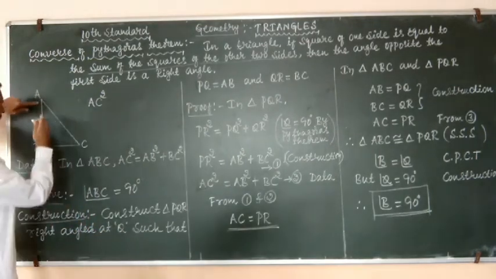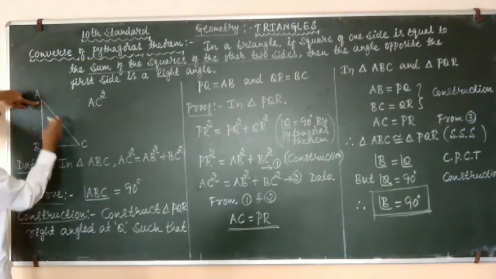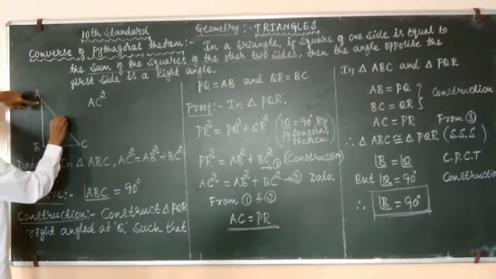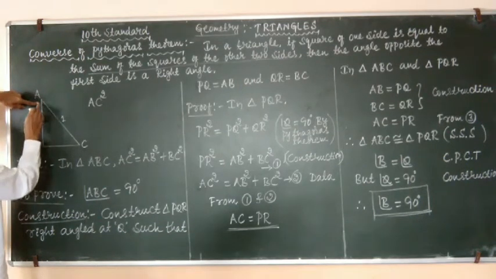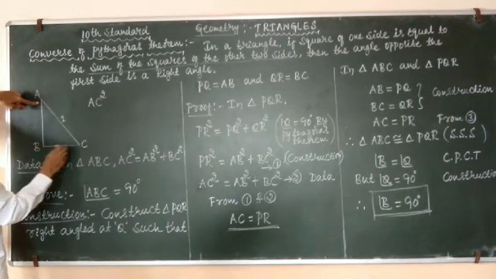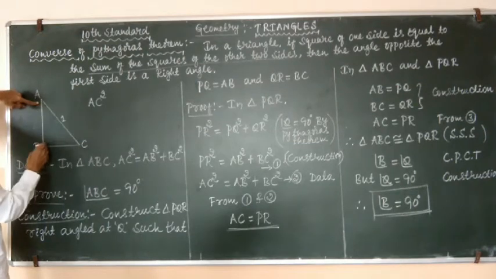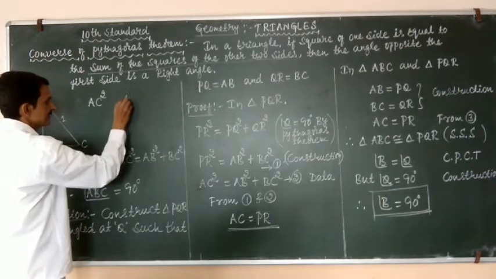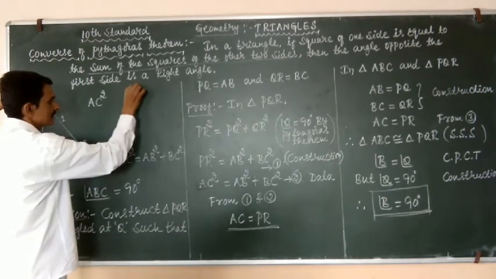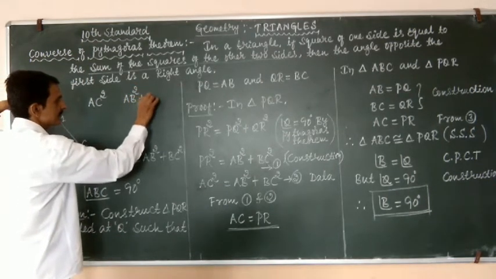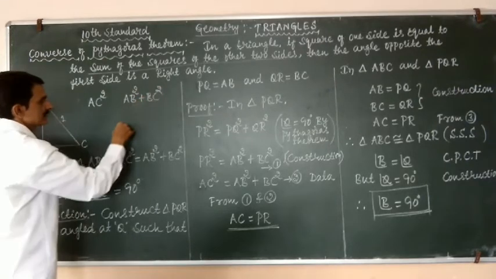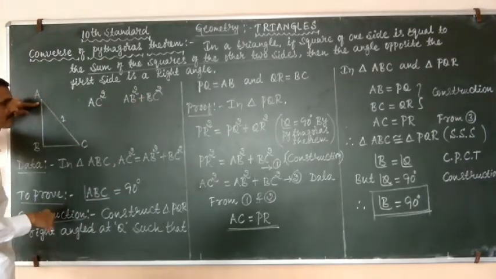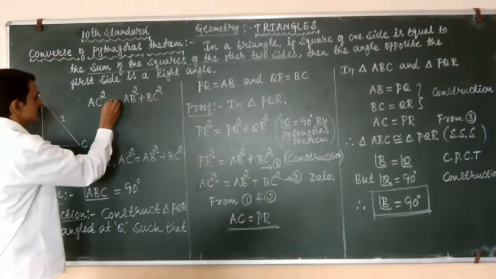Which are the two sides? Observe here, AC is the first side, so the other two sides are AB and BC. So that means AB square plus BC square.